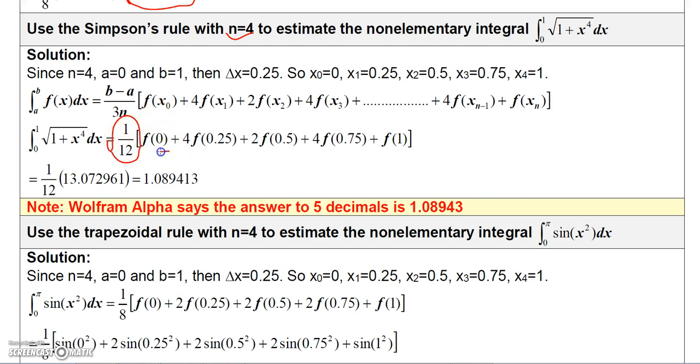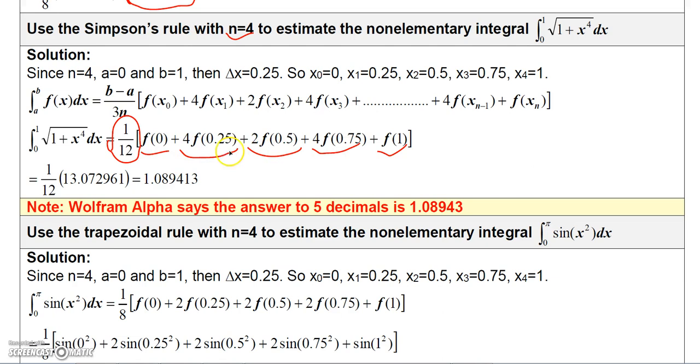And then I would do f of 0, which is the square root of 1. And then I would do 4, remember these alternate from 4 to 2. So I'd have 4 times f of 0.25, so you'd plug 0.25 into that function. And then plus 2 times f of 0.5, and then plus 4 times f of 0.75. And then finally the last term would be f of 1.